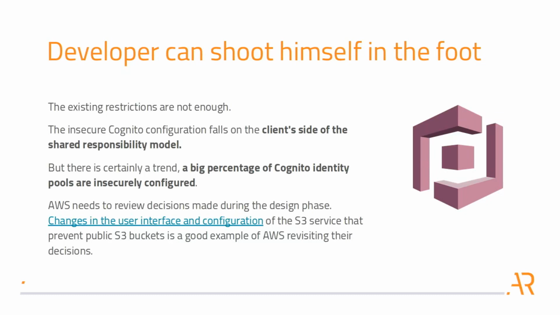By not performing enough checks, it's allowing developers to misconfigure AWS Cognito. I get it. It's the developer's responsibility. It's on the developer's side of the shared responsibility model. It's not 100% an AWS issue, but they are not helping enough. That's my understanding.